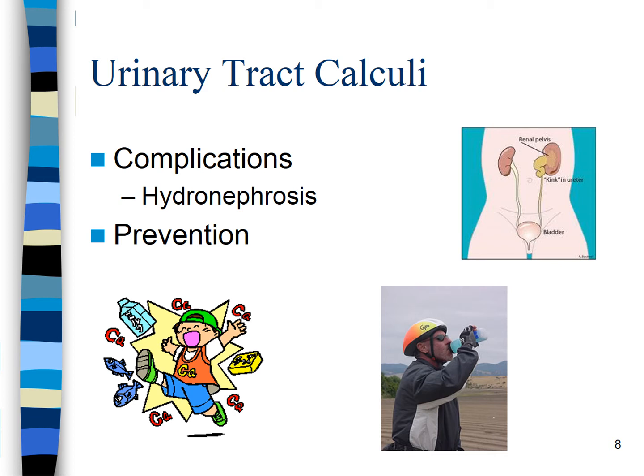So if you look at this picture that is up on your slide to the right, this is a dilation of the renal pelvis of one or both kidneys due to an obstruction. There is increasing pressure in the kidneys that will result in kidney damage. And many times there are not any symptoms if it is a gradual thing until the point where there is a full obstruction. At that point they may have kidney damage.